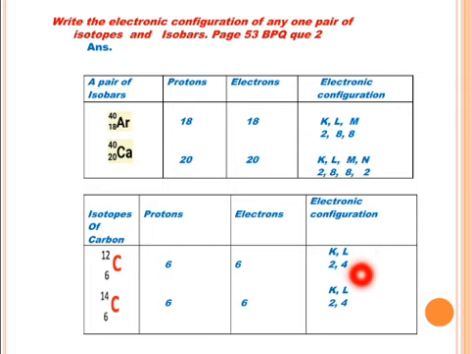Similarly, carbon 14 has the same atomic number 6, the number of protons is 6 and the number of electrons is 6. So their electronic configuration is also the same, that is 2 electrons in the K shell and 4 electrons in the L shell.